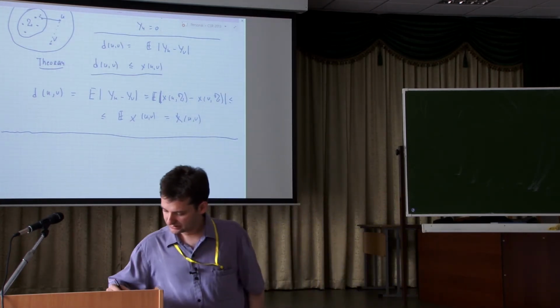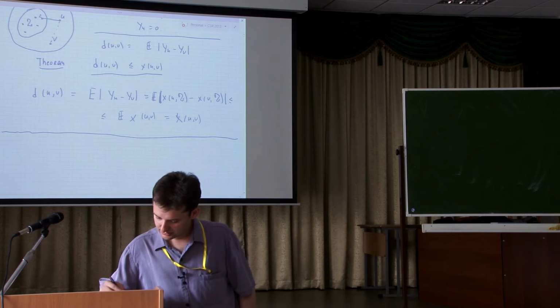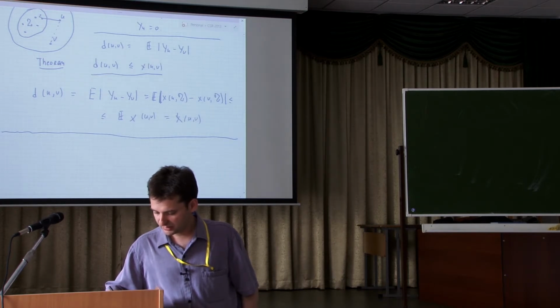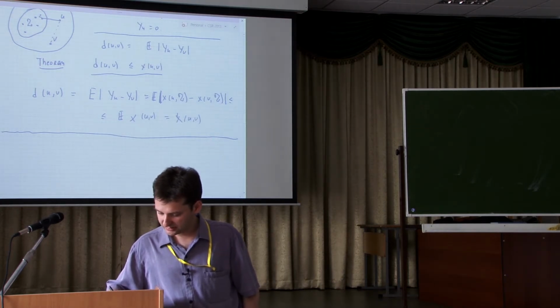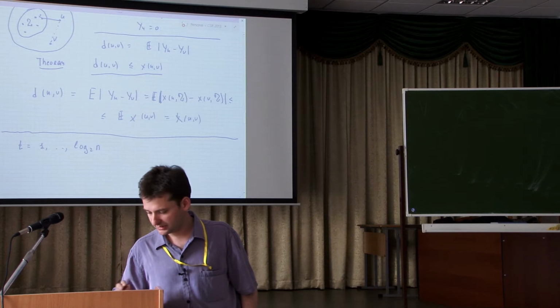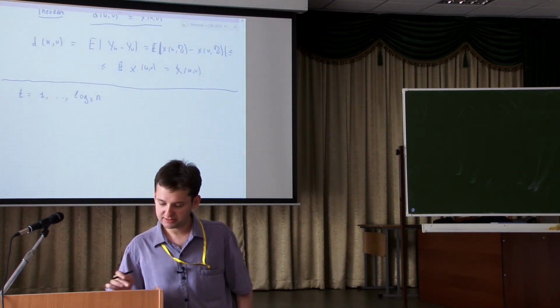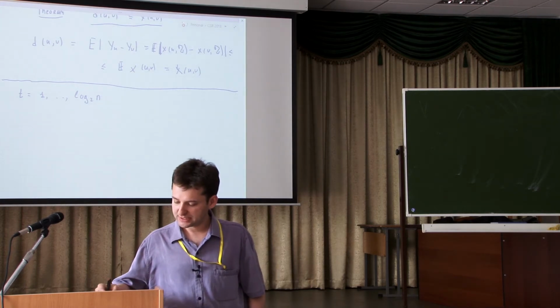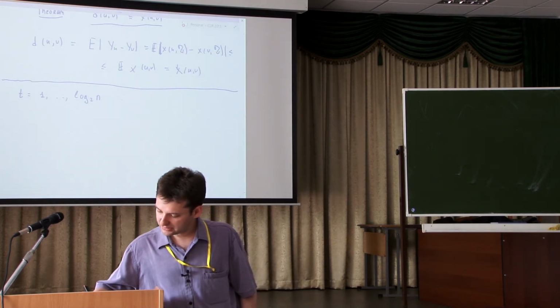So for Bourgain embeddings, let's first pick some probability scale. We'll take t from 1 to log n. And maybe for simplicity, let's just assume that n is a power of 2. It's not really important, but it avoids some rounding issues. So t is random.